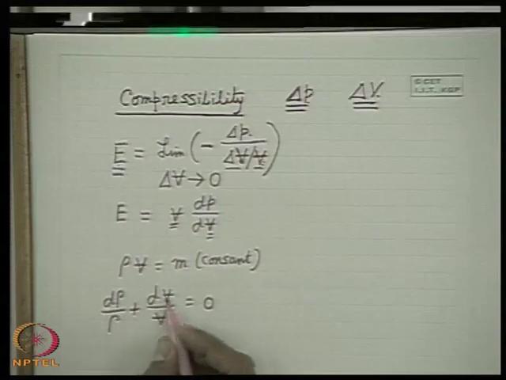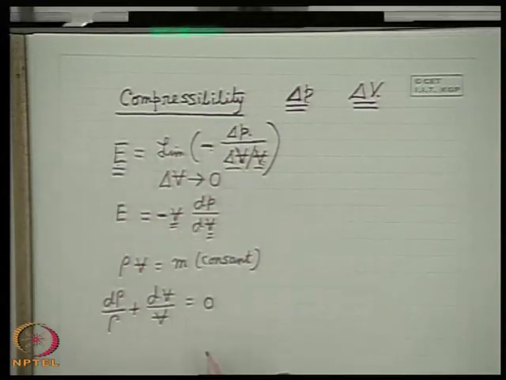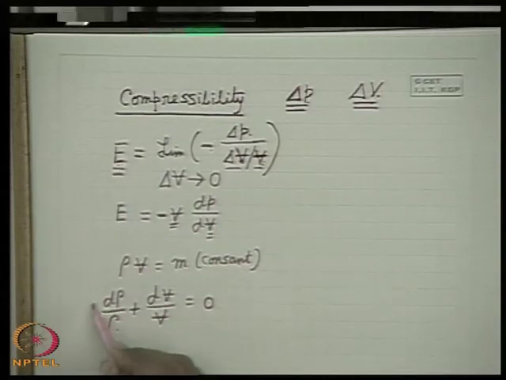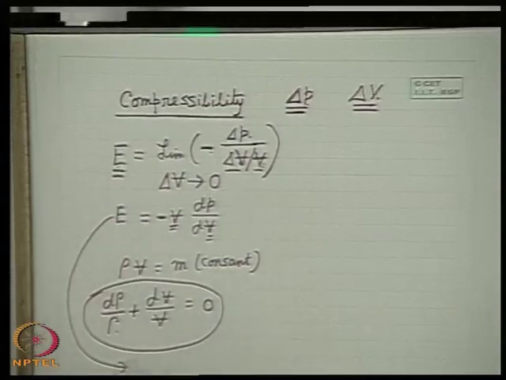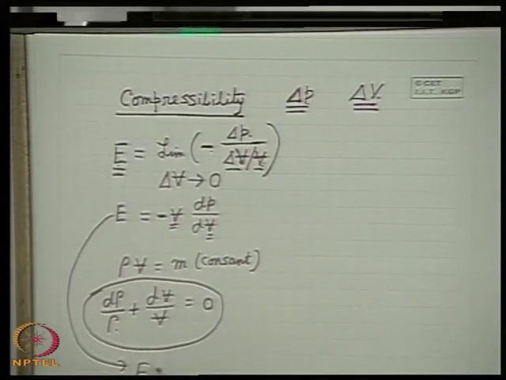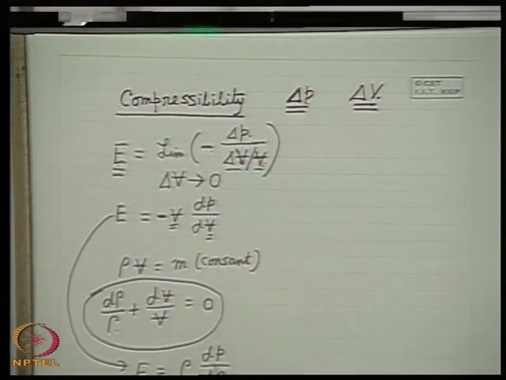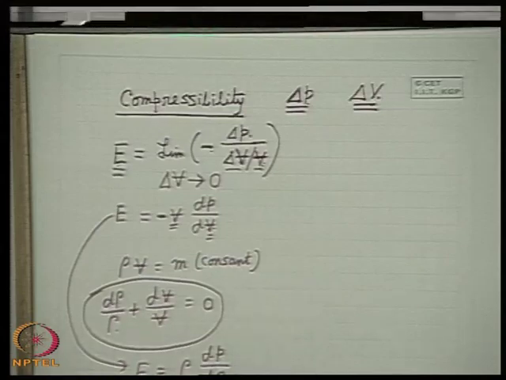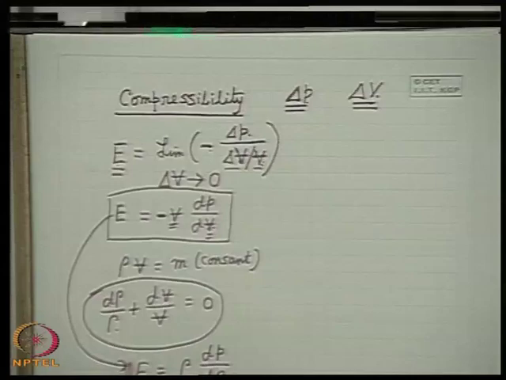That means minus dV by V is d rho by rho. With the help of this, I can write E is equal to rho into dP by d rho. So these two equations define the bulk modulus of elasticity.